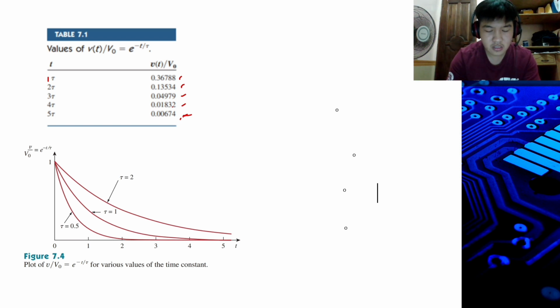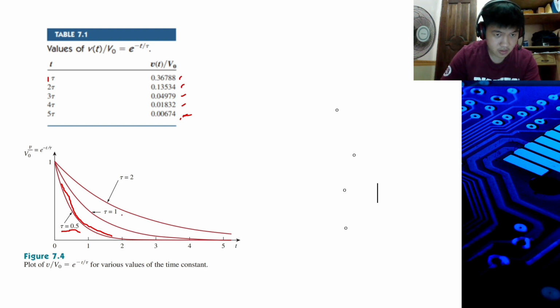If we consider a circuit with different time constants, we notice different rates of decay based on this waveform. So for 0.5 tau, it is lower, it is smaller, but its decay is faster. Its decay in the output voltage is faster.